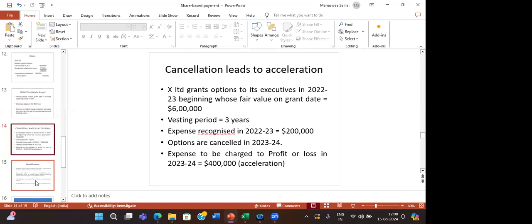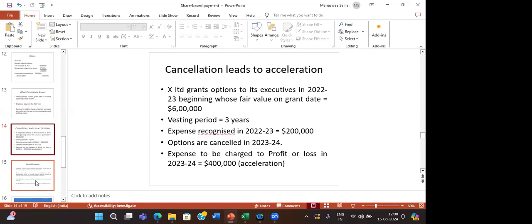But what we will recommend is that the remainder of the total options charge will be hit in that year itself. It's an accelerated charge that GAAP is talking about. So the acceleration means the accounting motivation for cancelling the ESOP scheme is no more there. That is how you understand it.